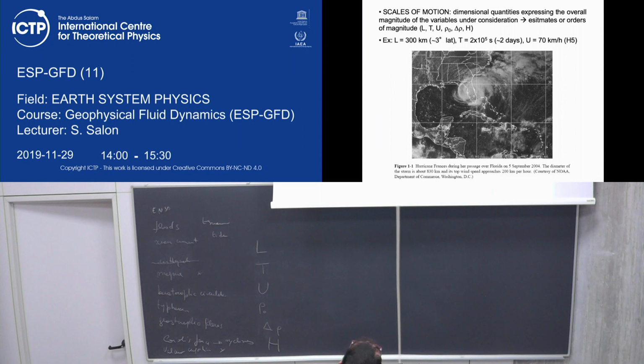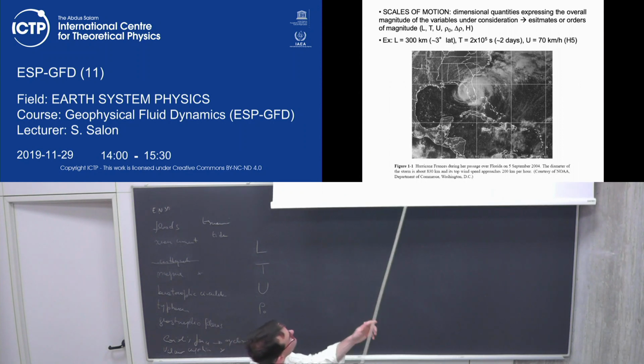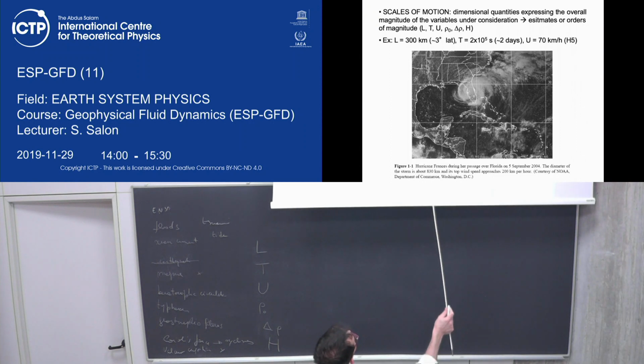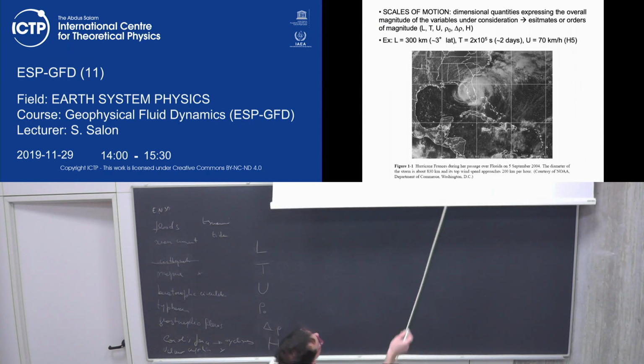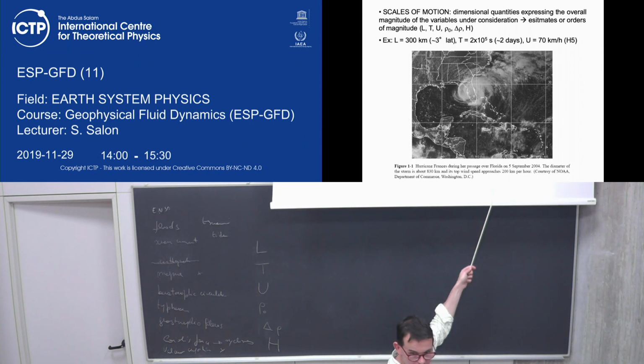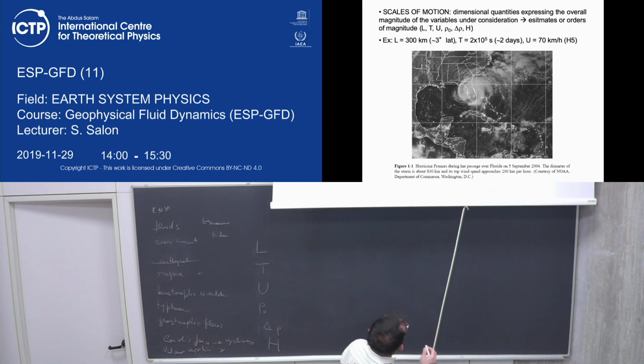The time scale is about 2 days. So the life of this phenomenon is 2 days. In 2 days, this phenomenon comes from here, possibly, and then goes here. 2 days we can express in seconds as about 2 multiplied by 10 to the 5. The velocity: it was a class H5 hurricane, 70 km per hour, with a top wind speed of about 200 km per hour.